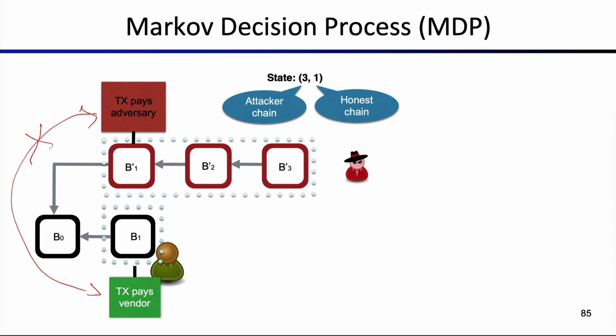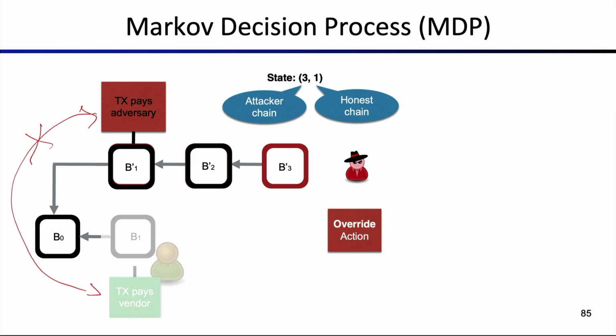And the adversary now can choose an action. So the adversary can choose what to do. Let's assume that the adversary will override the honest chain. Overriding means the adversary will publish 2 blocks, so B1 and B2 prime, right? Because B1 and B2 prime are a longer chain than B1, this will override the main chain. So the main chain is now this construct here, and it's no longer this one, right?